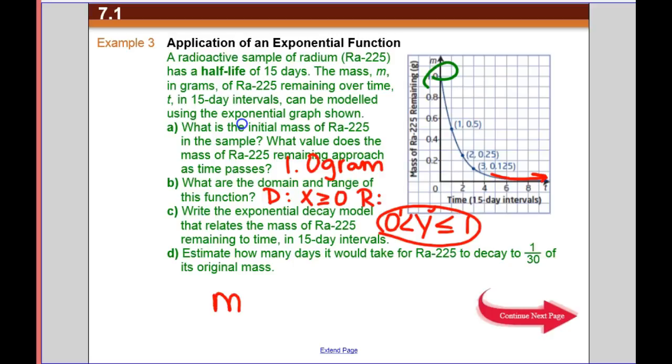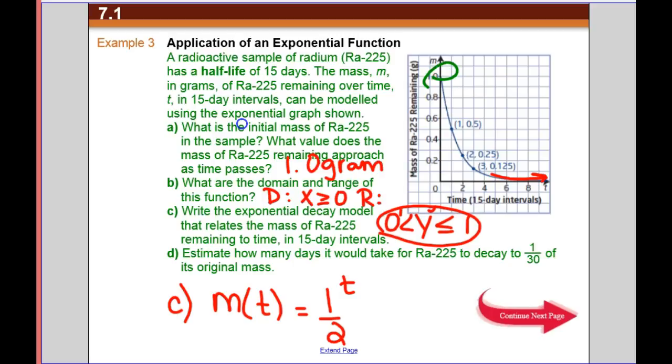So the mass according to time, for question C, has a half-life. As time increases, we find out what the mass is. That would be the equation to go with the picture.